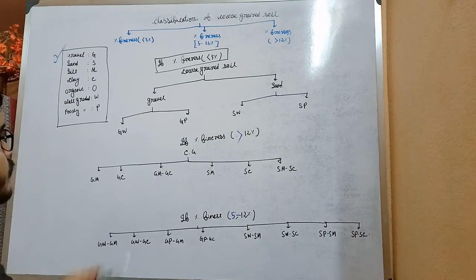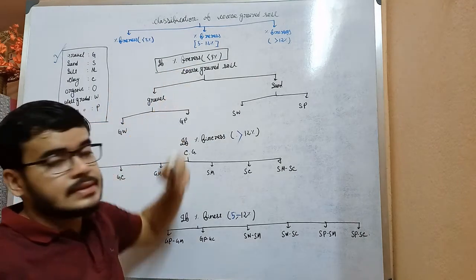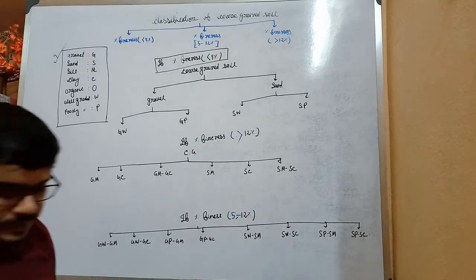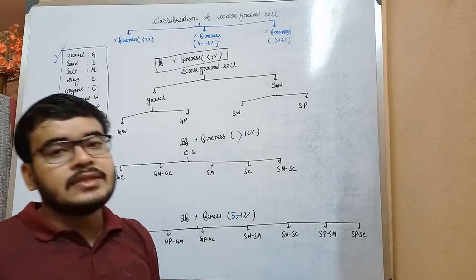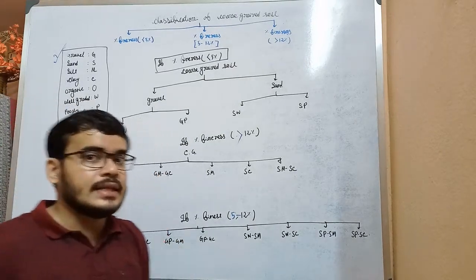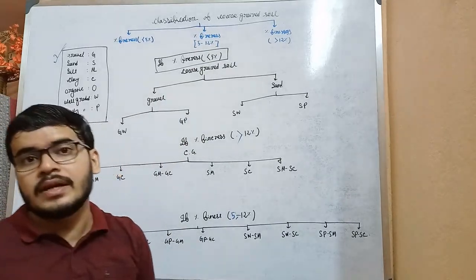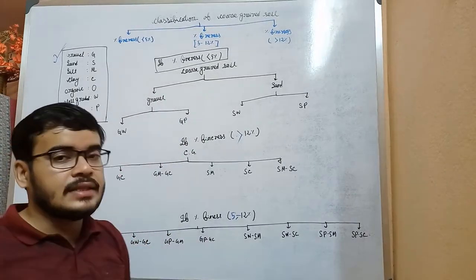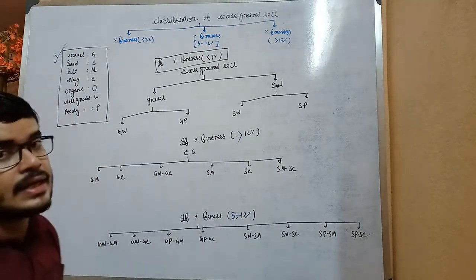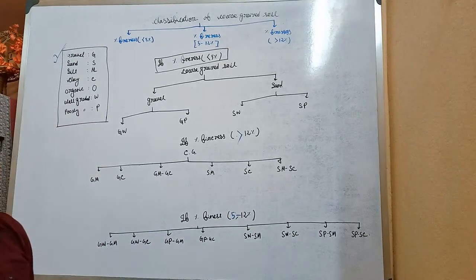Now if fineness is less than 5%, that means the percentage of clay and silt is less than 5%, very little clay and silt is present in the soil. So we can neglect the terms silt and clay here.